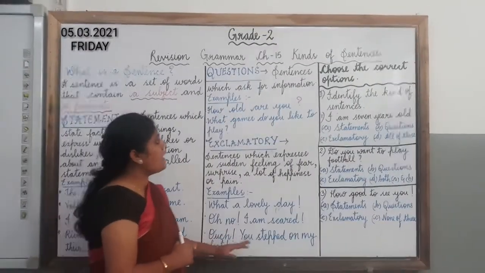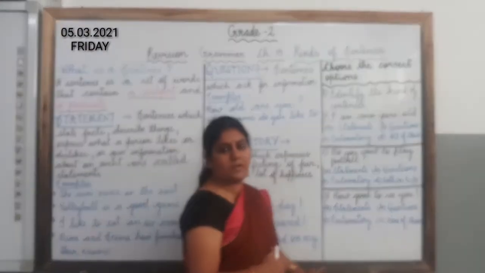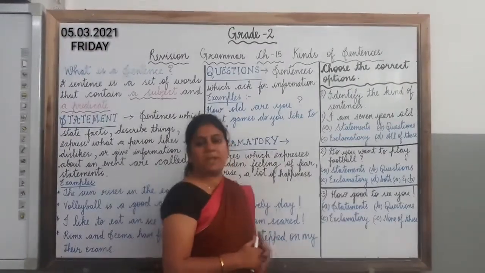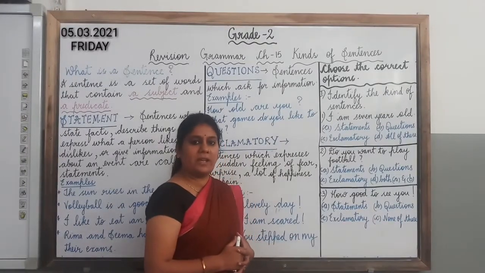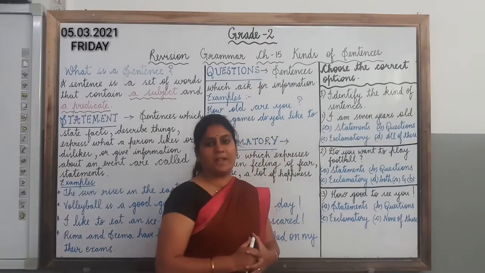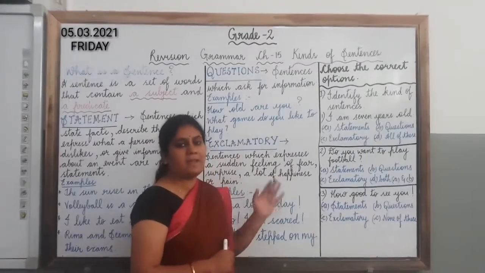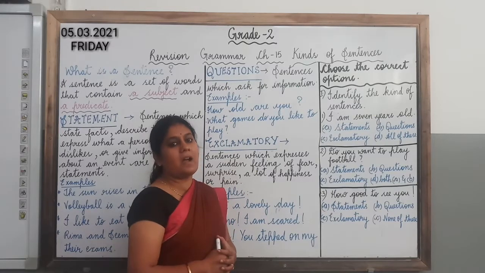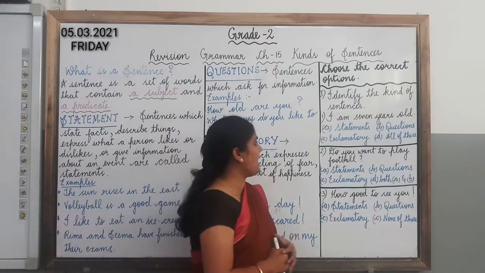So children, now we will do some MCQ based questions which can come in your examination. Pattern will be the same, but questions will be totally different. So first question is, identify the kind of sentences. Sentences are given to you. You have to find out which is the correct kind of sentence. Okay.